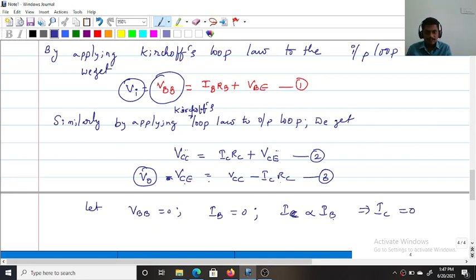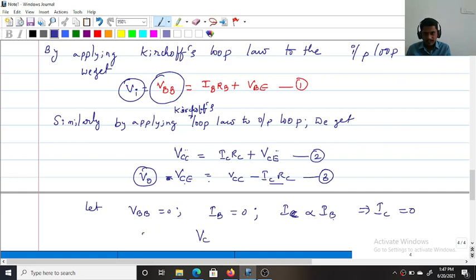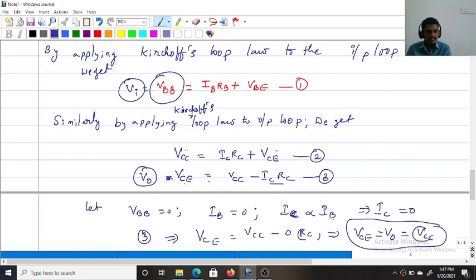If you substitute IC equal to 0 in equation number 3, VCE is equal to VCC minus 0 into RC. So what do you get here? The output voltage V0 is VCC. We got the output voltage as VCC.